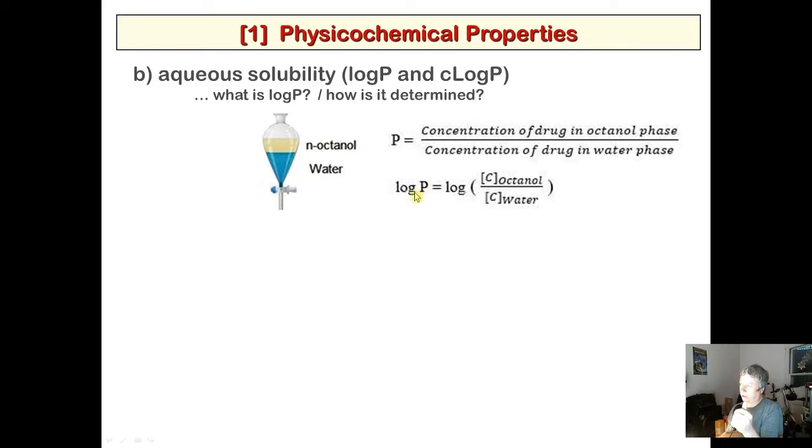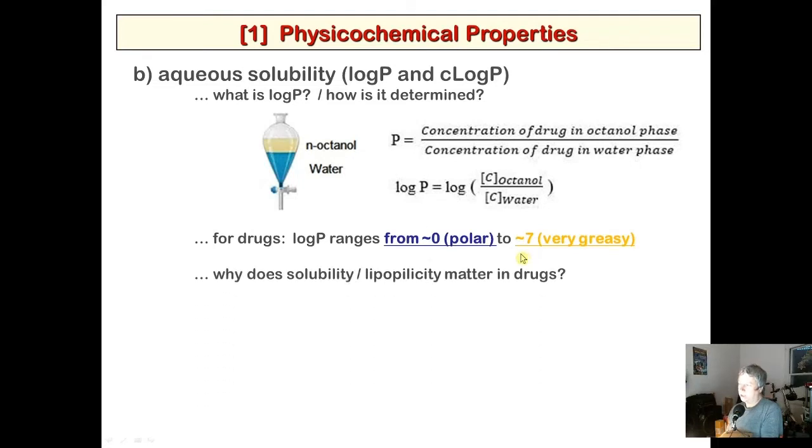And then we take a logarithm of P. For drugs, log P usually varies from about 0 for a highly polar drug that's not stuck in the water, to about 7, which is very greasy. And for an orally bioavailable drug, it's somewhere in the middle, like 3 or 4.